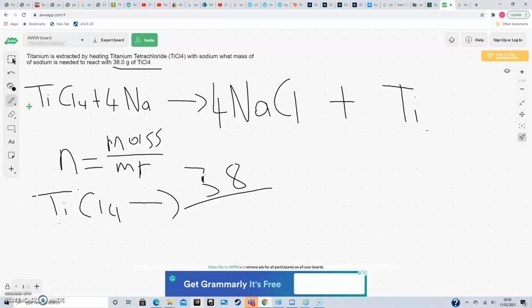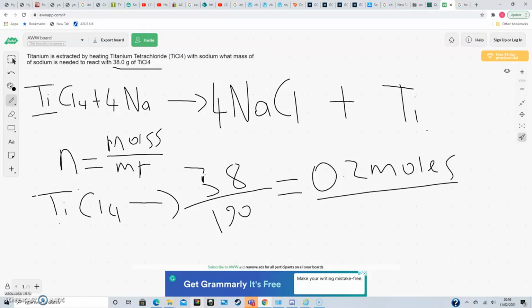I'm just doing it in my calculator. It is 190. And when you divide those together, you get an answer of a fifth, which is 0.2 moles. So this over here is 0.2 moles.